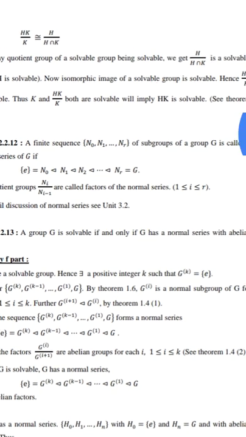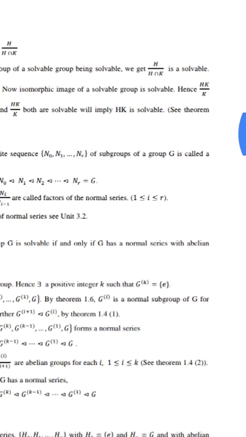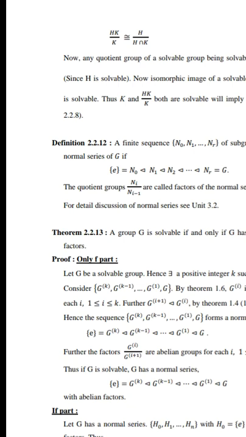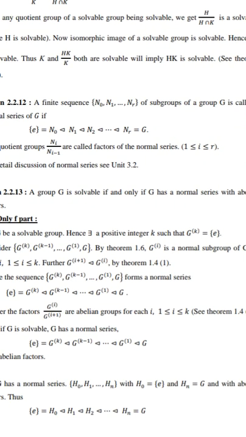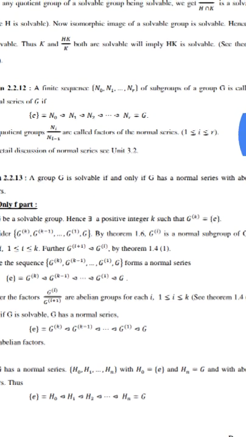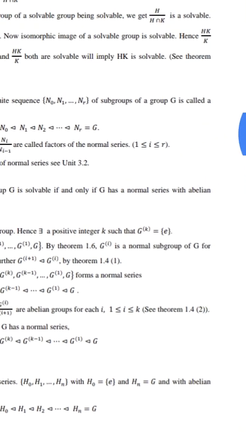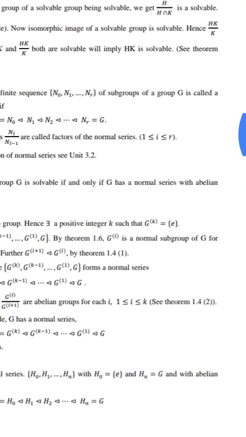Now, an isomorphic image of a soluble group is soluble, hence HK divided by K is soluble. Then K and HK divided by K both being soluble implies HK is soluble.